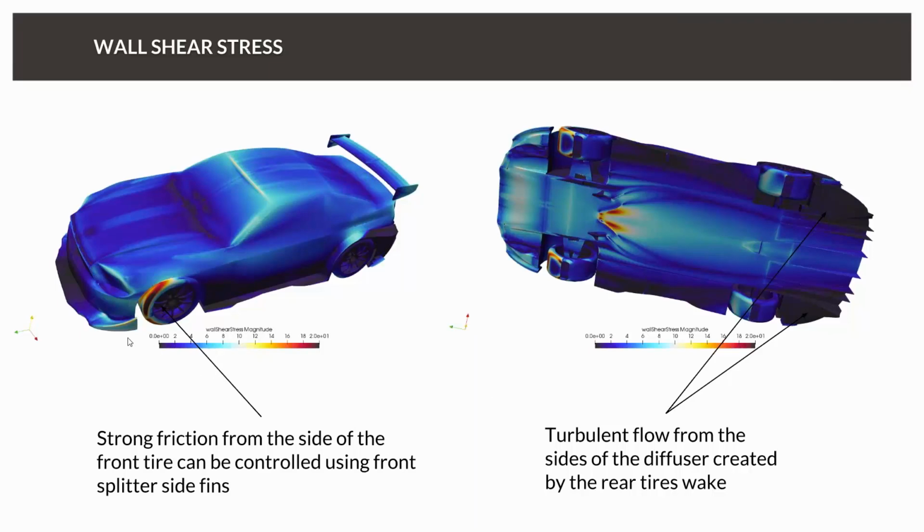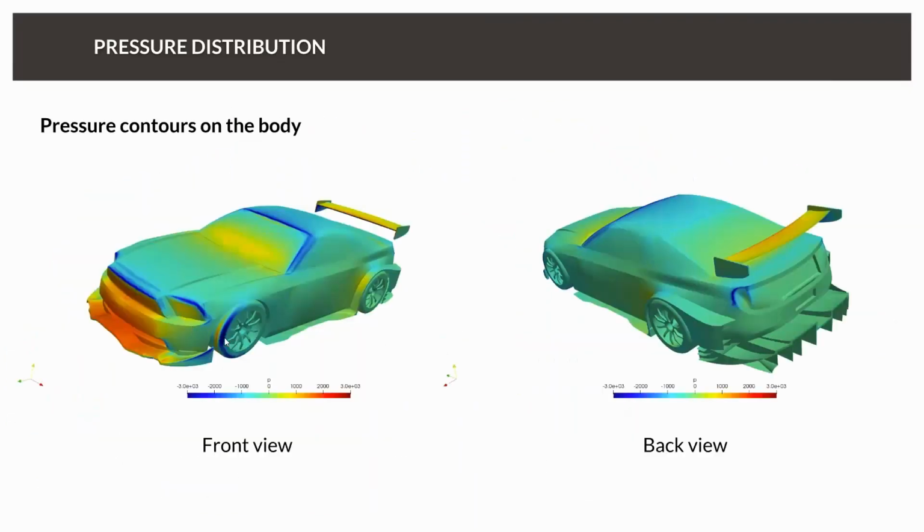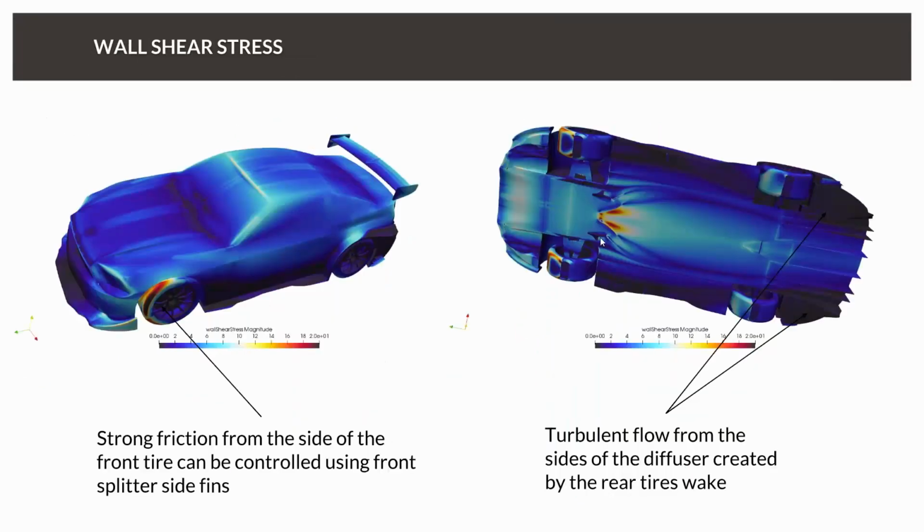Since we have high wall shear stress here, we also have this low pressure area. We can also see some turbulent structures here and there, which seem to be created by the wake of the rear tire. Just taking a look at this picture gives us an idea about two areas of the car related to the tires where we can optimize the flow around the car.